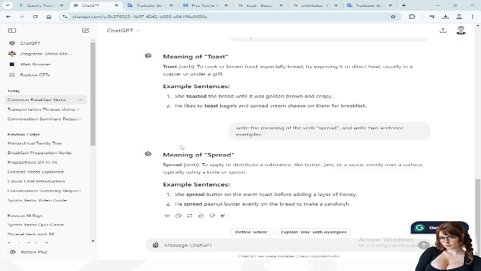Okay, the meaning is to apply or distribute a substance like butter, jam, or a sauce evenly over a surface.